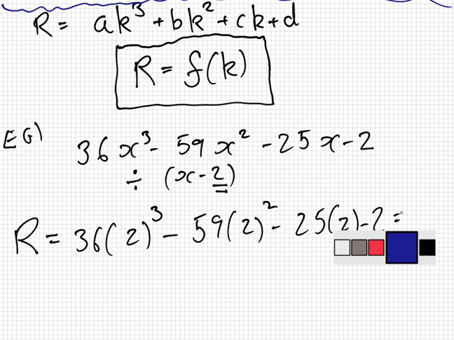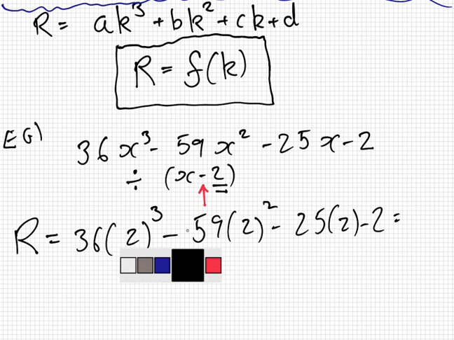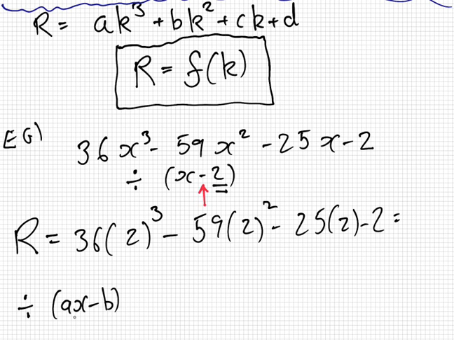You need to be careful. Let me point out some things to be careful about. If here it's minus, you put in plus, and vice versa. So if this was plus 2, here would go minus 2. And then what about if I ask you to do something like divide by ax minus b, if there was a number in front of the x?